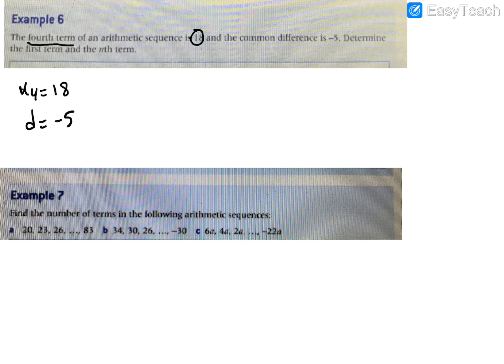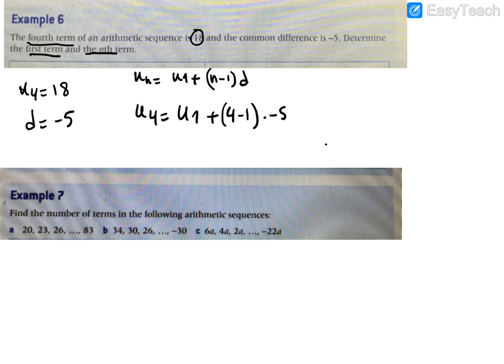And let's remember our formula: un equal to u1 plus n minus 1 times d. I don't know un, but that's what I'm looking for, un and the first term. So let's write u4 equal to u1 plus, if n is stated as 4, then this one is going to be the same n, they are the same, by the way. So 4 minus 1 times minus 5.